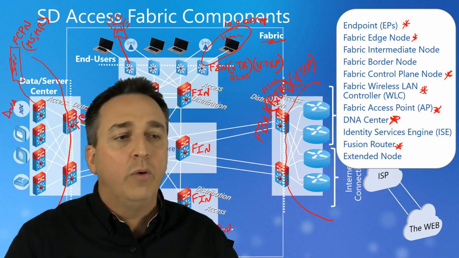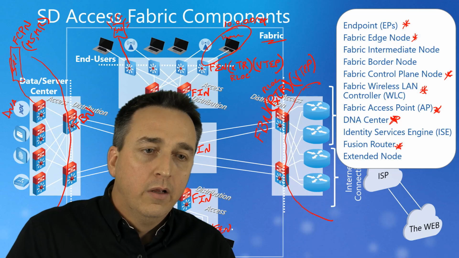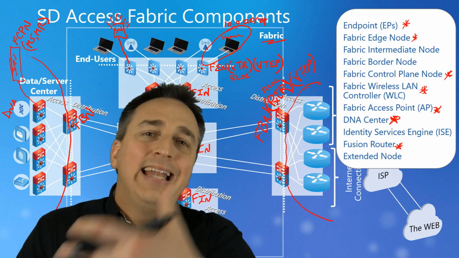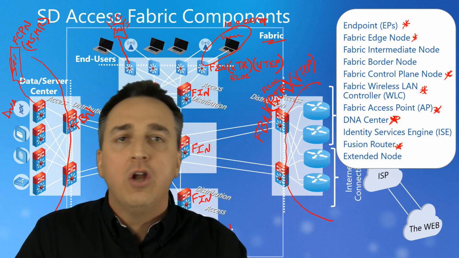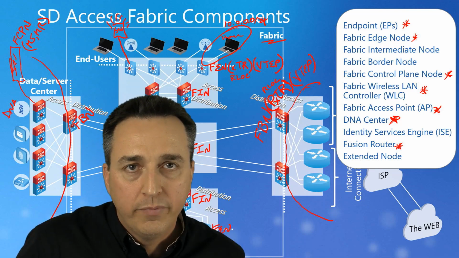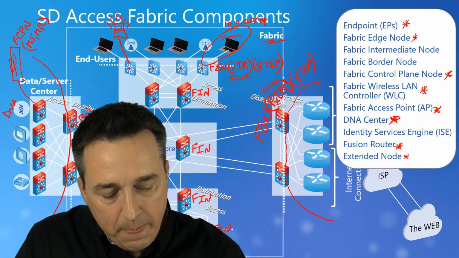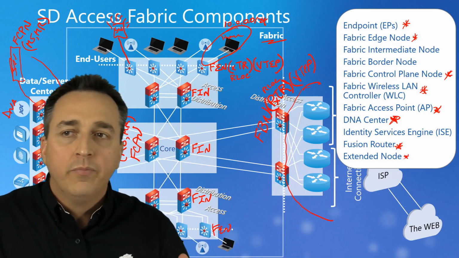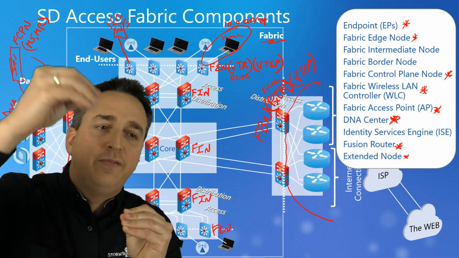The thing is that we want to be able to extend out that fabric down into that non-fabric layer 2 switch. So we call the extended node, right, this device that extended the fabric.